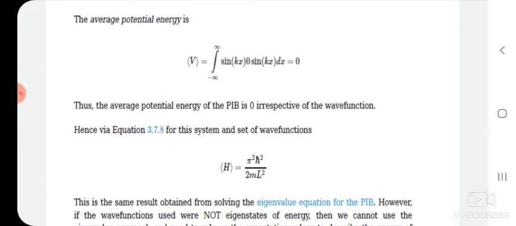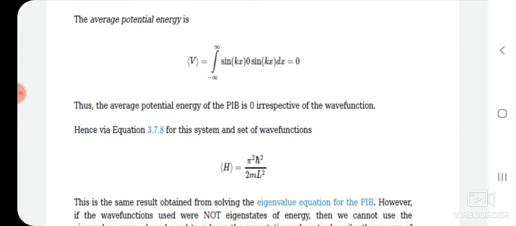It means our potential energy varies from zero to infinity. The integral of psi star psi, sin kx dx, is equal to 0, because the potential energy of that particle inside the box is 0. Then obviously our average potential energy is also equal to 0. Thus the average potential energy of the particle inside the box is 0 irrespective of the wave function.